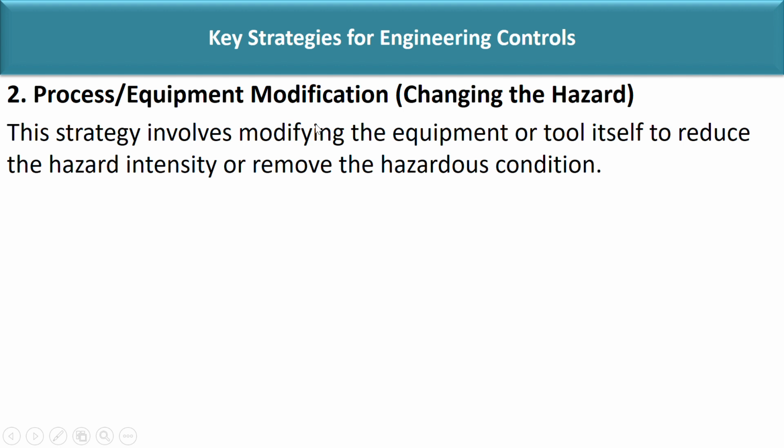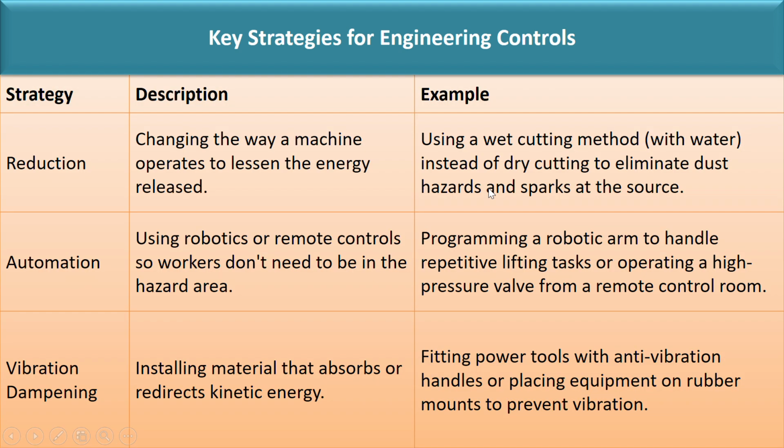Now, the second one is process equipment modification, change the hazard. This strategy involves modifying the equipment or tool itself to reduce the hazard intensity or remove the hazardous condition. Reduction: change the way a machine operates to lessen the energy release, using a wet cutting method with water instead of dry cutting to eliminate dust hazard and sparks at the source. For example, in the tile company, this is properly what they are doing.